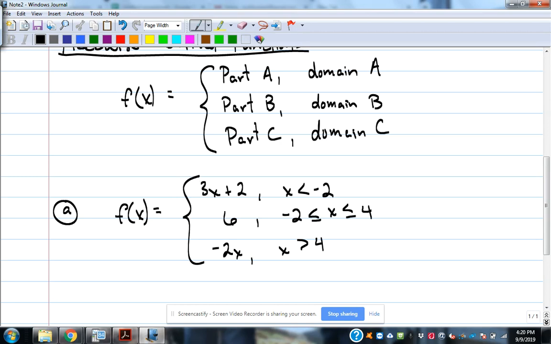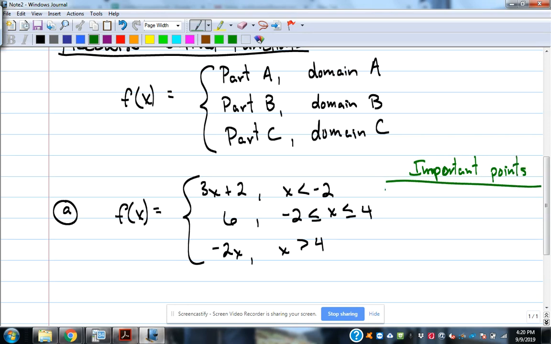Each piece has an important point or important points that go along with it. So what you want to do is you look over here in the domain area, and that's going to tell you the x values that are important for that particular piece. This one, one of the x values that's important for it is -2 for x. So what you want to do is find what I like to call just the important points for each part.